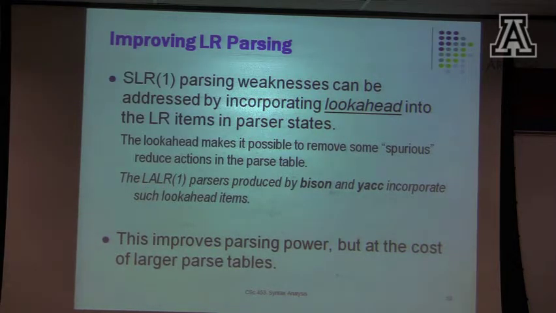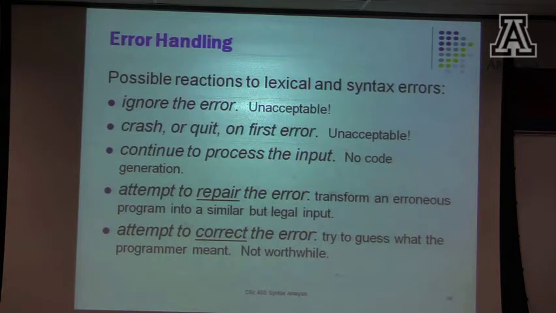LALR1 takes this idea of the lookahead token in the items, but it merges some states to make the parse table smaller, and the result is a decent compromise, and it improves parsing power. So that's all I will say about LALR1. We'll pretty much stop there.